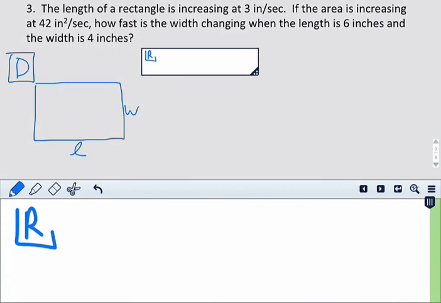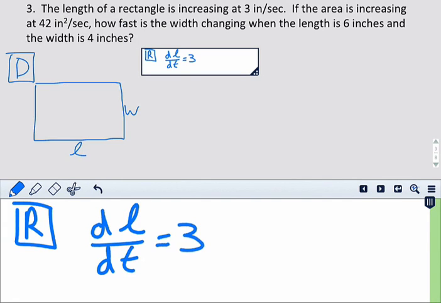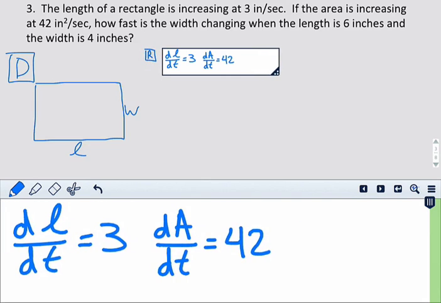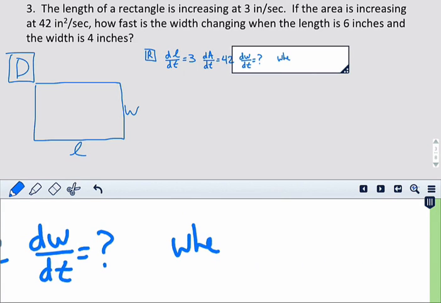For our rates, we know that the length is changing with respect to time at a rate of 3 inches per second, and the area, dA over dt, is increasing at a rate of 42 square inches per second. What we're trying to find this time is how fast is the width changing when our length is 6 and our width is 4.